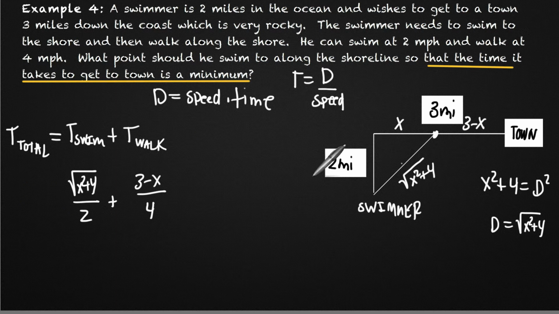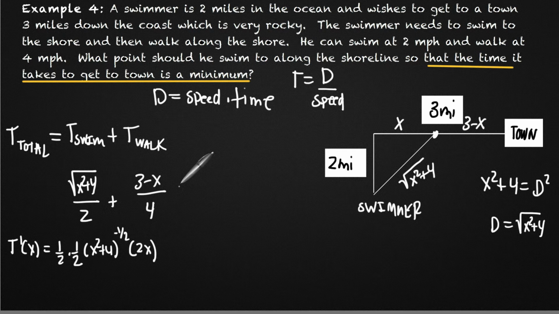All right, so t prime of x is going to be, well, there's already a 1/2 there, so 1/2, but then I'm going to say 1/2, which comes from the chain rule, and then I'm going to leave the x squared plus 4 alone. I'm going to drop the power down to -1/2, and then I'm going to multiply by the derivative of x squared plus 4, which is 2x.